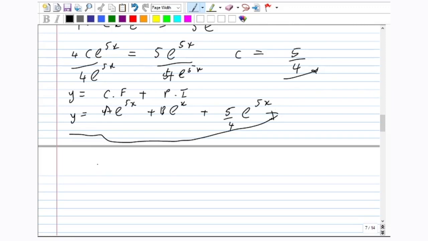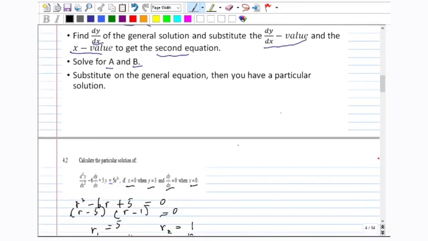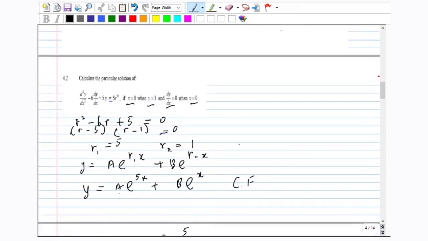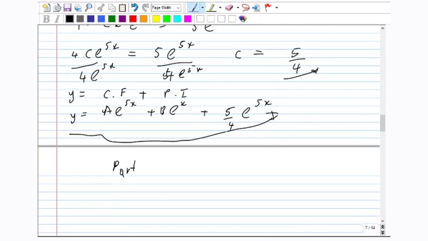Now they want us to calculate the particular solution. So you are going to first substitute the values of x and y here, which you can find are given there. y is equal to 3, x is equal to 0. So we put 3, and then x equal to 0.